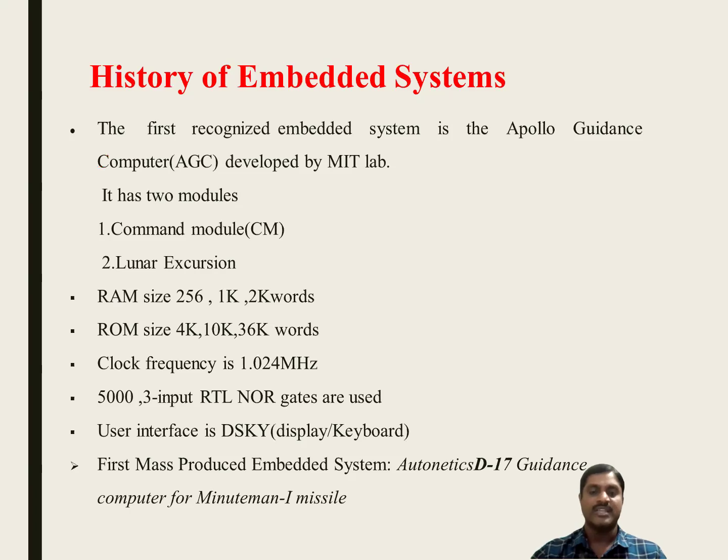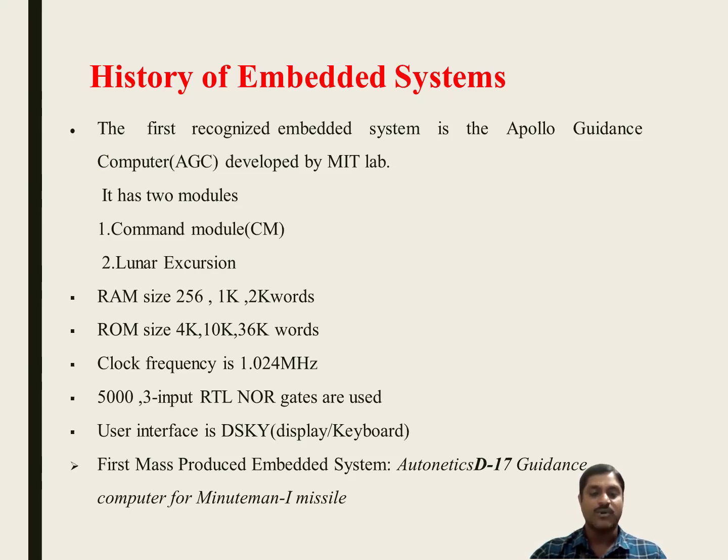Okay. Next, we'll see the history of embedded system. The first recognized embedded system is the Apollo Guidance Computer. It was developed by MIT Lab. It has two modules. The first module is the command module, whereas the second module is the lunar module. And the Apollo Guidance Computer system, its RAM size is 256, 1K and 2K words.